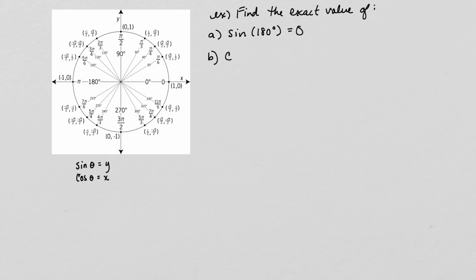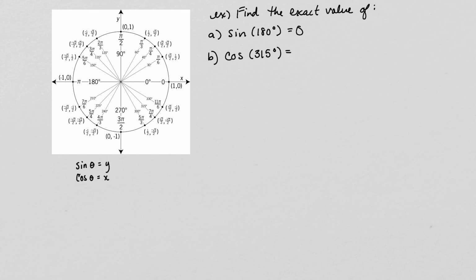B, the cosine of 315 degrees. So what do we think about the cosine of 315 degrees? Okay, someone said 1. Someone said square root of 2 over 2.